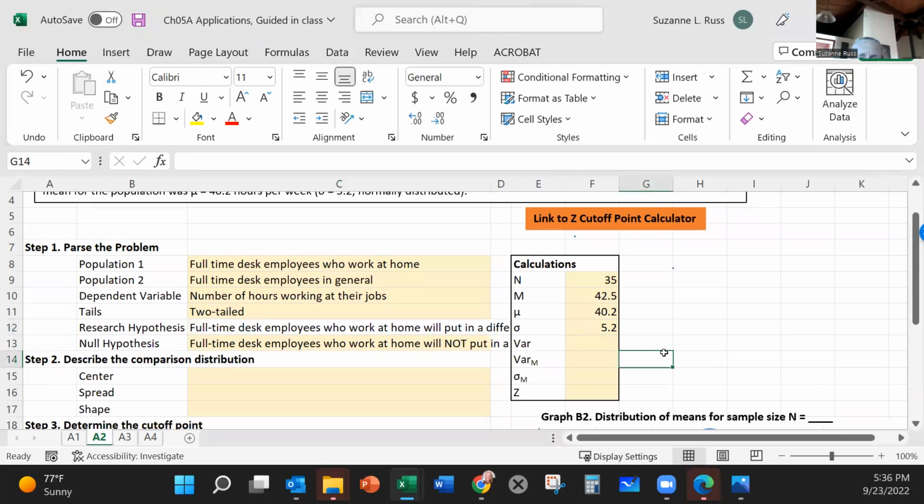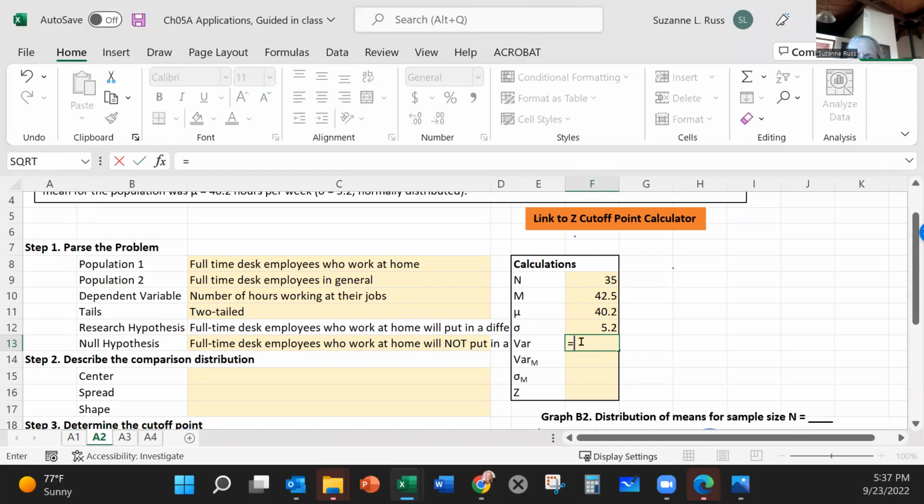And we'll have to continue because we need the standard deviation for the distribution of means, representing the spread in this distribution. So we'll calculate the variance using our formula of standard deviation squared. So let's click on standard deviation and square it.